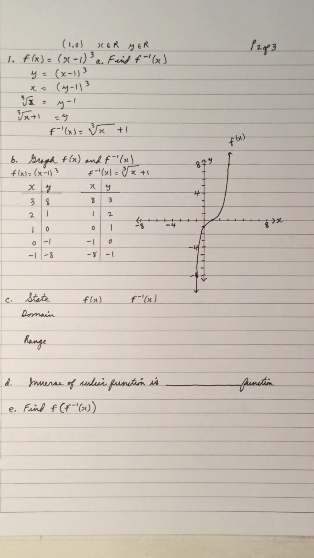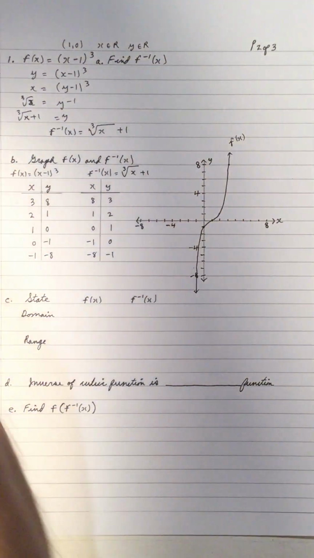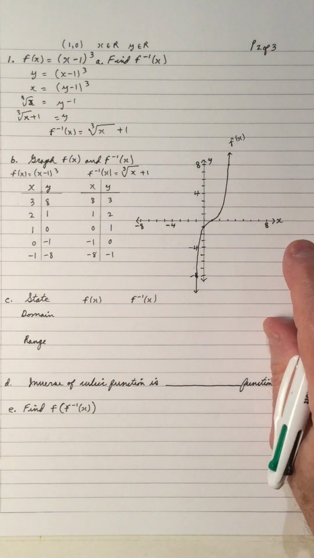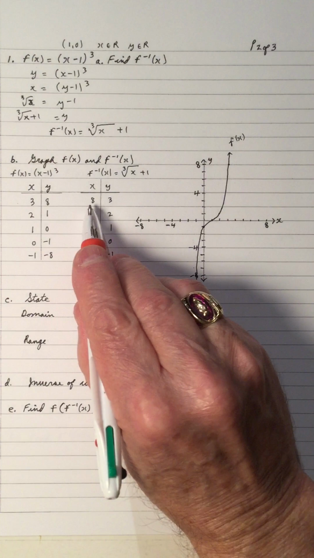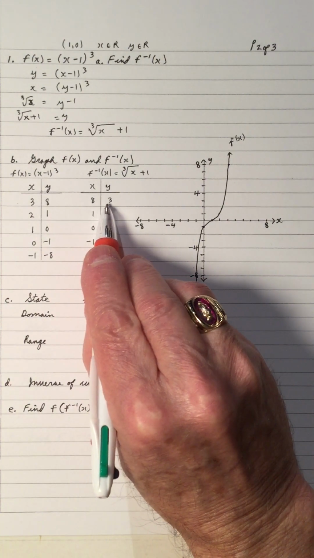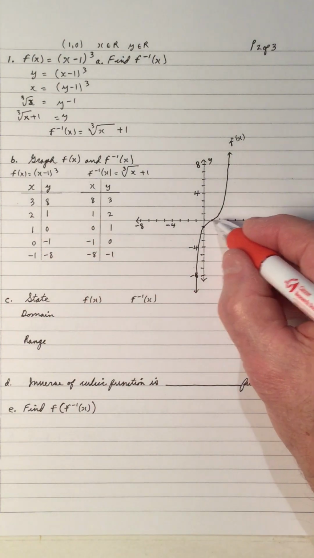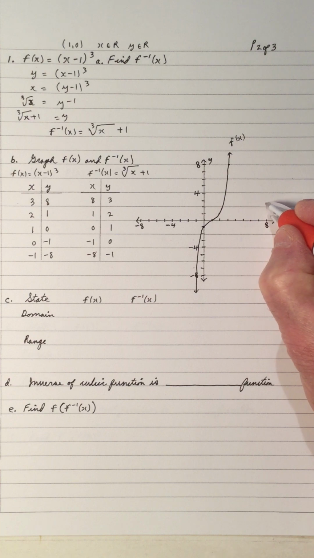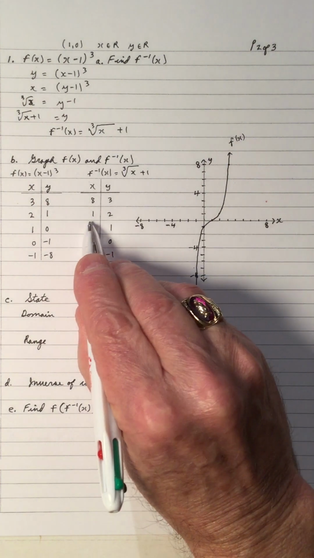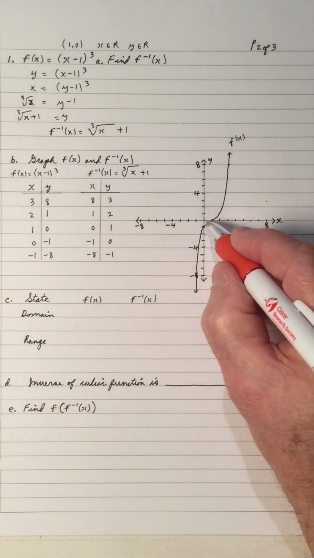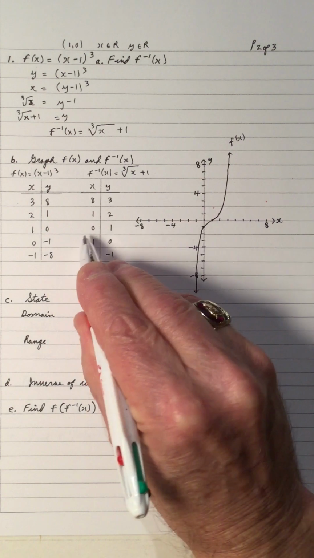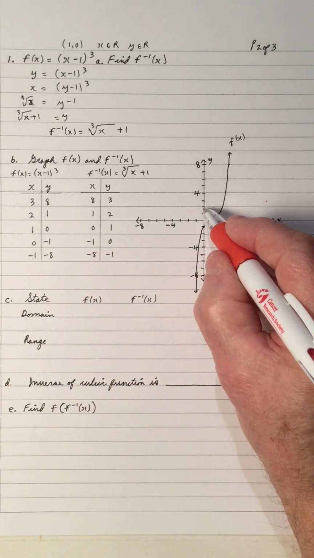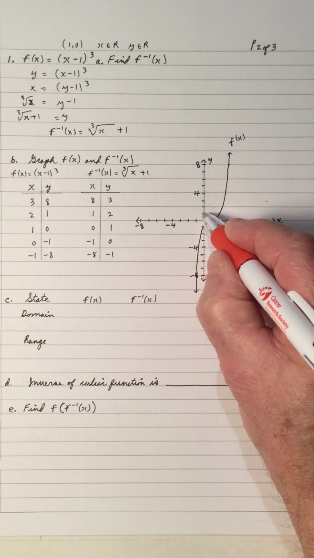Now, as before, I'm going to do my inverse in red. So f to the negative 1 is the reverse. When x is 8, y is 3. Right here. When x is 1, y is 2. When x is 0, y is 1.